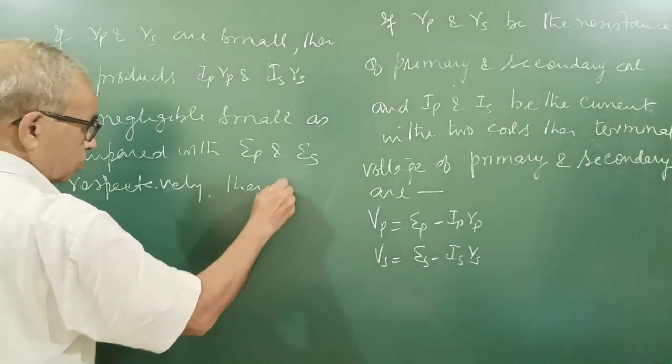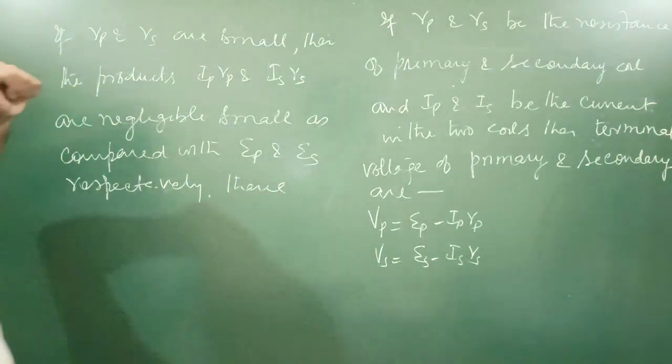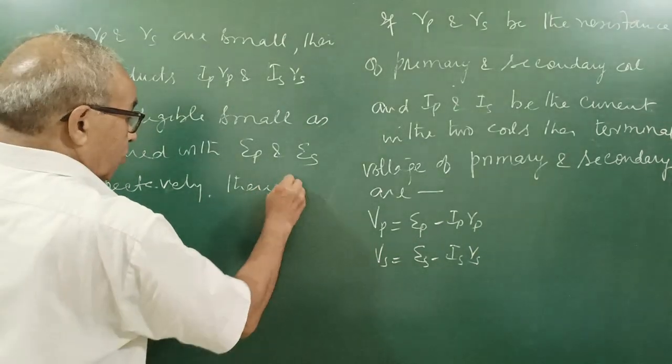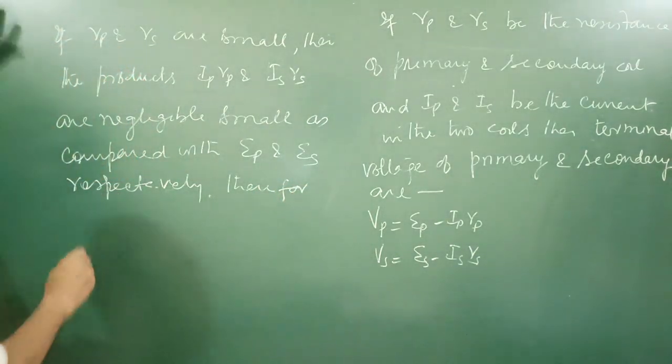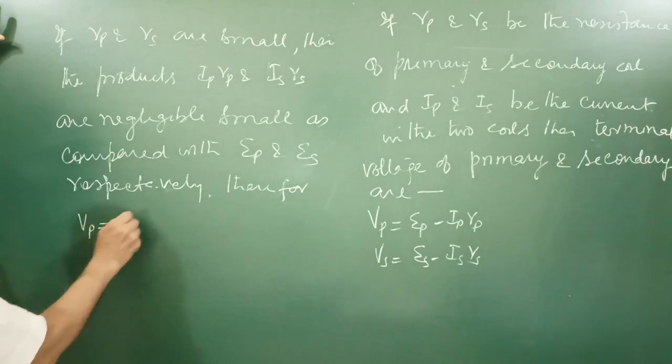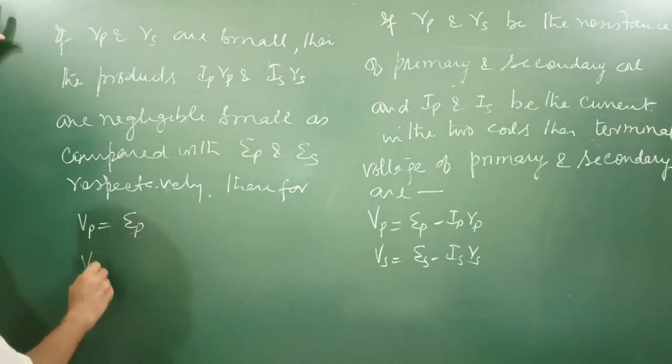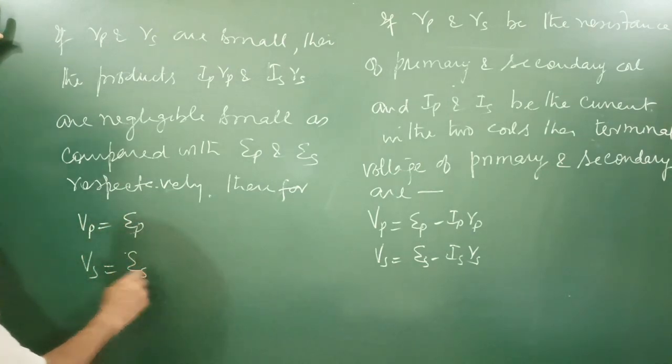Therefore, we have VP equal to EP and VS equal to ES.